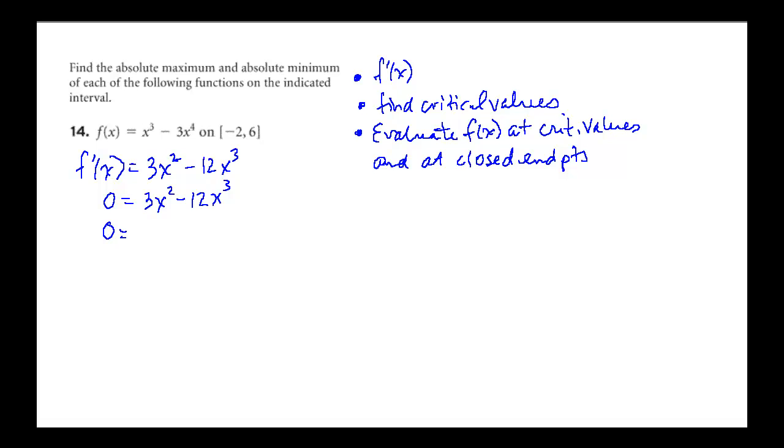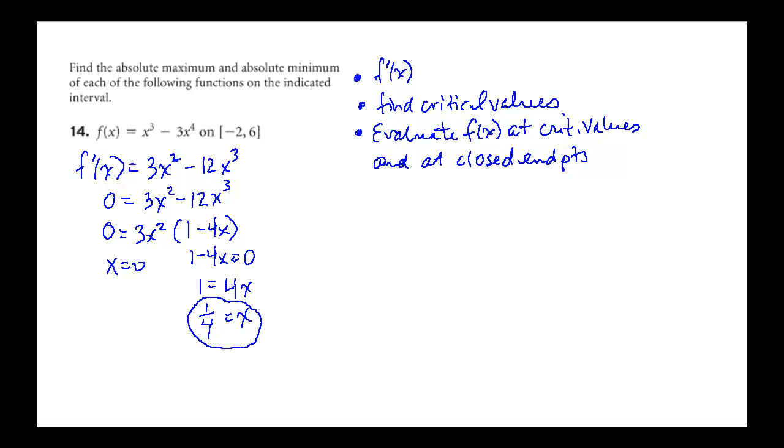And we can factor out a 3x squared. That would leave behind a 1 minus 4x. So this is 0 when x is 0, or when 1 minus 4x is 0. That would be when 1 is equal to 4x, or when x is 1/4. So we have two critical values.